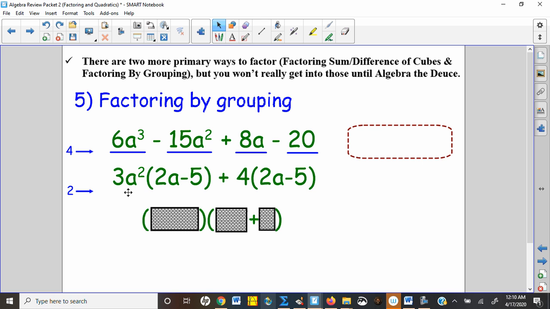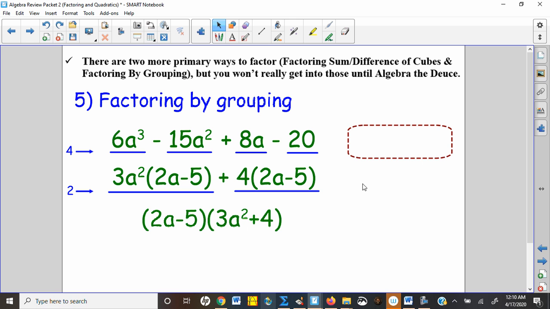I went from 4 terms to just 2 terms, and those 2 terms have that 2a minus 5 together, and there you go. So we started with 1, 2, 3, 4 terms. Now we just have 1, 2 terms. That makes things so much easier. Once again, factoring by grouping, not super imperative right now.